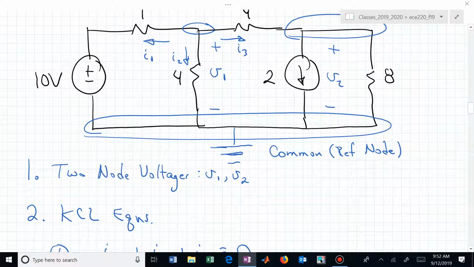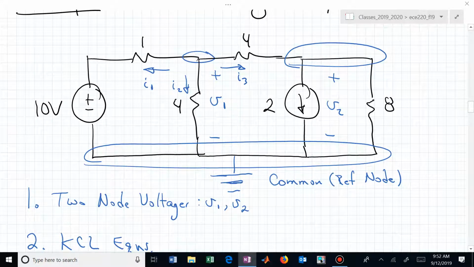What is I1 in terms of the node voltage and given voltages? We need the voltage dropped across that resistor from right to left divided by the resistance, and that will be I sub 1. The voltage dropped across that resistor from right to left is V1 minus 10.